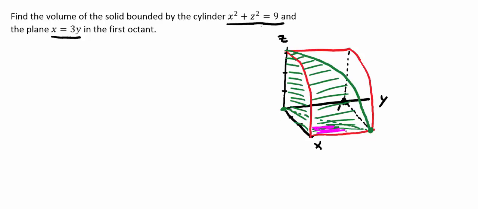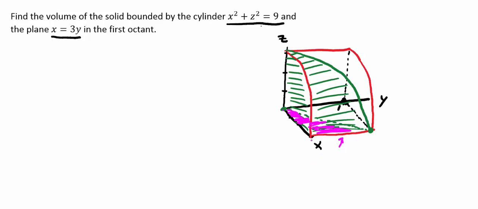This region here in the xy plane. That's the region above this triangle in pink formed by the x-axis, the line in the xy plane x equals 3y, and this line x equals 3, which would be a line x equals 3 in the xy plane.